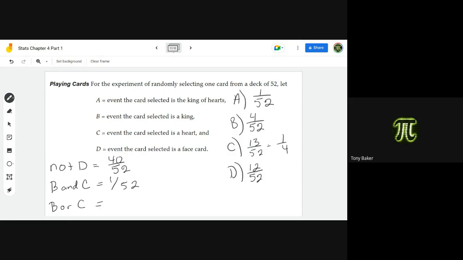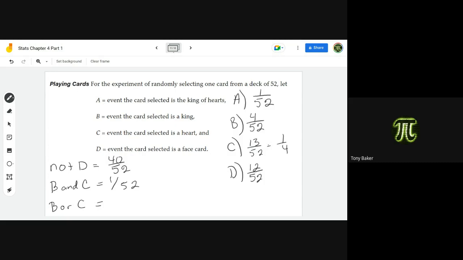Why is it 16? Because the king is already a heart, so it'd be 13 plus the other 3 kings, so it'd be 16 out of 52. Okay, who's right?